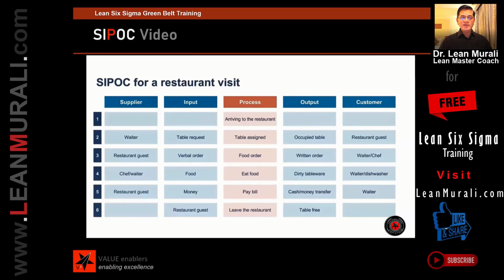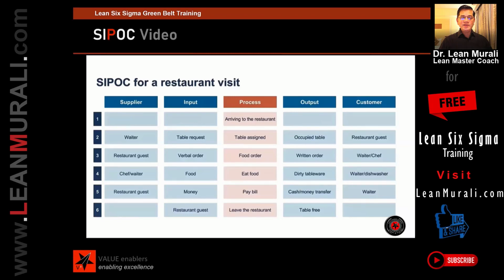And then step number 3: the supplier is the restaurant guest. The input is a verbal order, and the process is ordering the food. The output is a written order, and the customer is the waiter or the chef, whichever way you want to look at it. And this is the way you continue down.